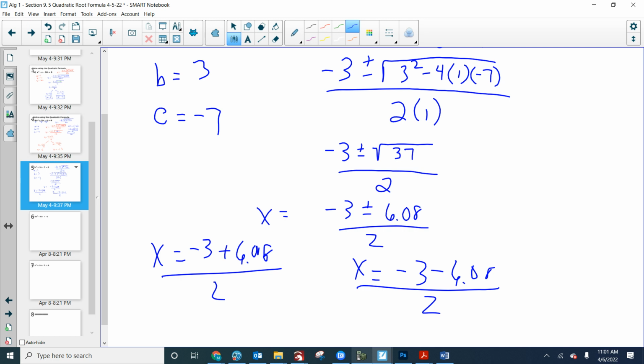What's my first answer, guys? What's negative 3 plus 6.08 divided by 2, to the hundredths place? What'd you get, Matt? 120.54. Is everybody good with that?